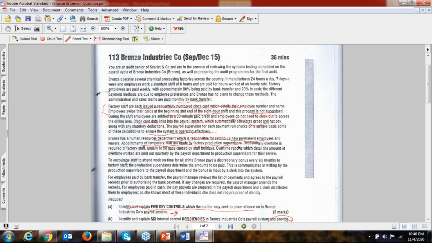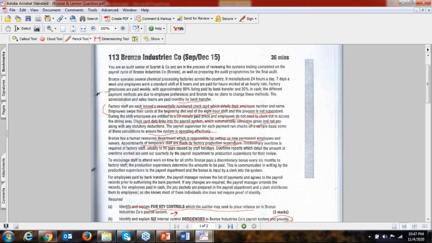This ultimately leads to an increase in cost, because if factory production supervisors do not hire the right person for the right job, the company's turnover will be high, which ultimately increases the cost of Bronze.